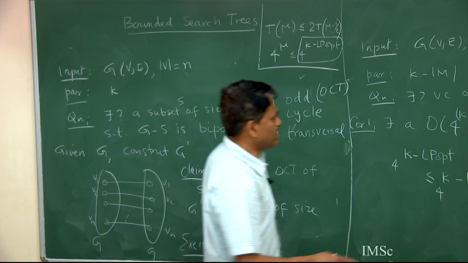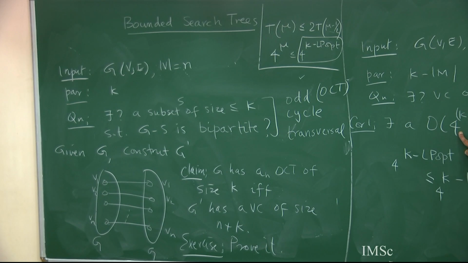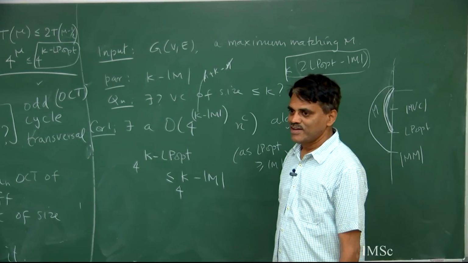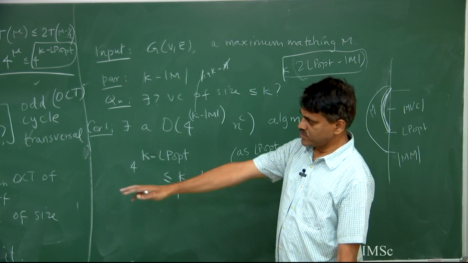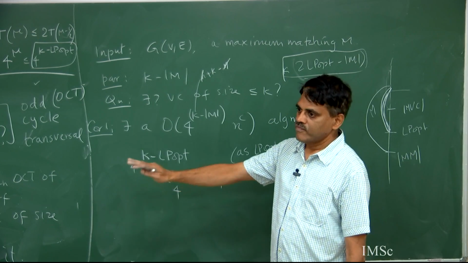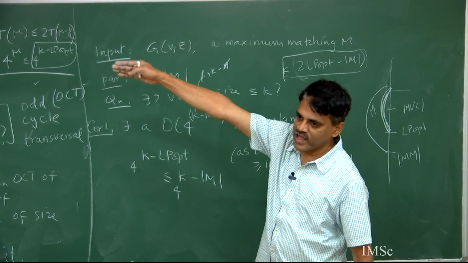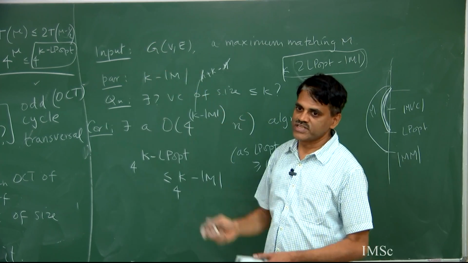So, I have an algorithm whose running time is 4 power whatever I am interested in. What is the solution size I am interested in? For the vertex cover, n plus k. So I have a 4 power k algorithm to test whether this graph has a vertex cover of size n plus k, which means I have a 4 power k algorithm to test whether there is an OCT of size k.